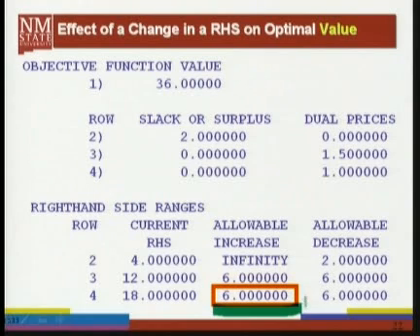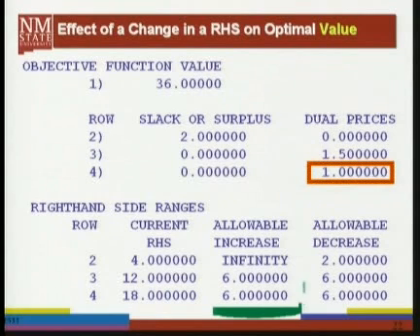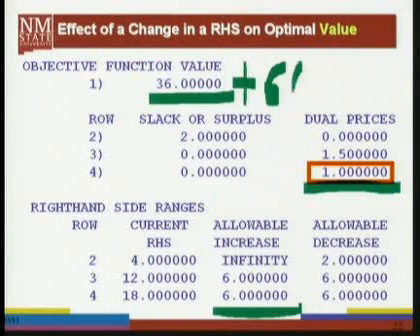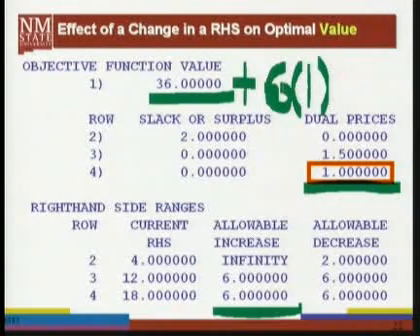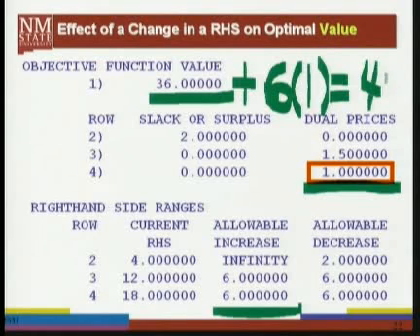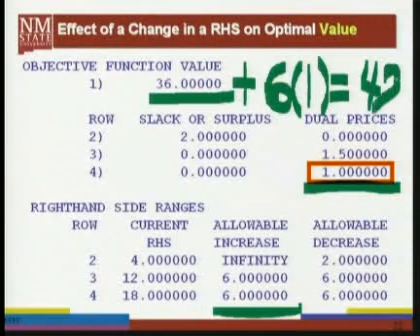So we may say that the objective function value is improved by 6 times the dual price for that constraint. So the objective function value becomes 36 plus 6 times 1, right? So this is 6. So the objective function value becomes 42. Okay, this is 42.